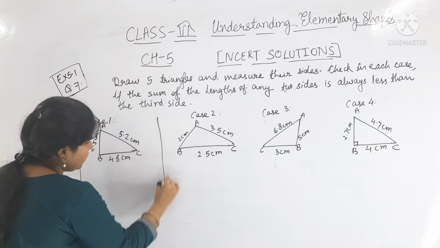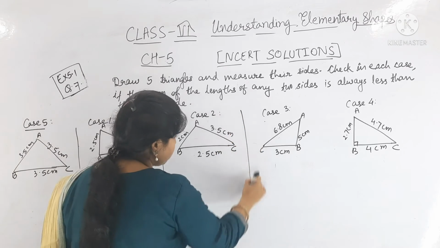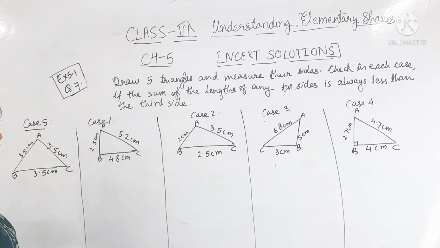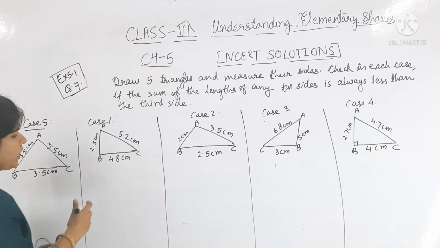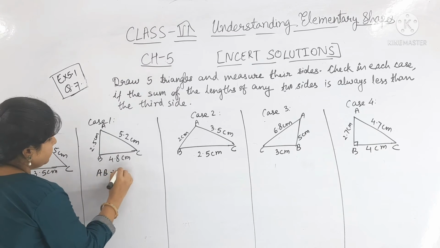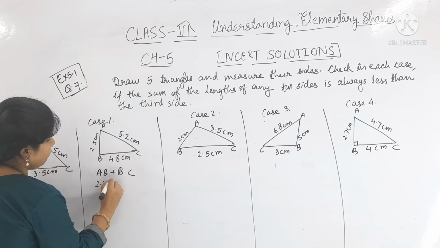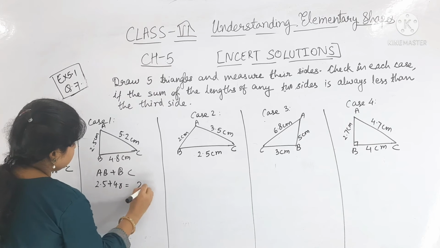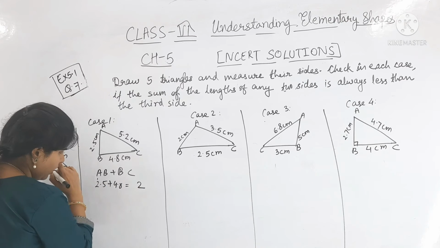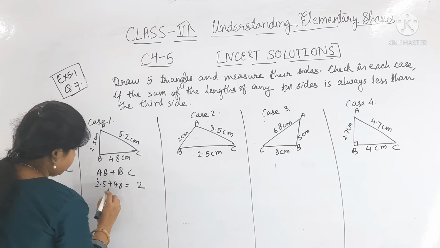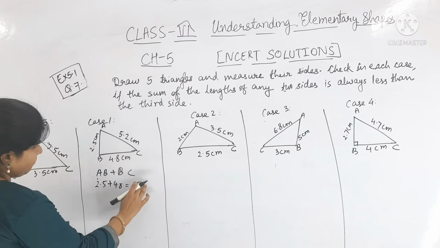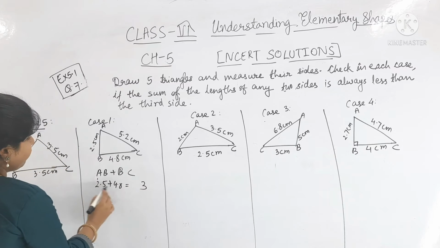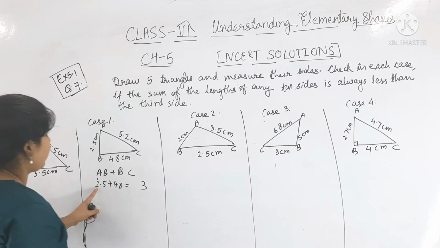I am drawing like this, so you can differentiate. Okay, so here case 1, AB plus BC we can take. AB plus BC, that is 2.5 plus 4.8. So 8 plus 5 is 13, and 4 plus 2 is 6, and 7.